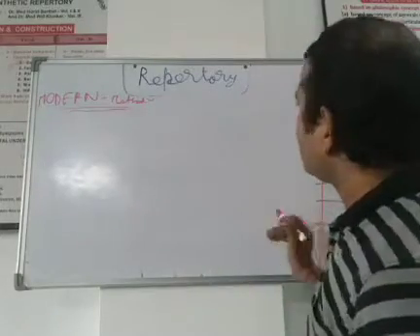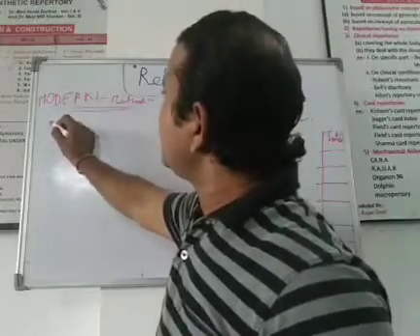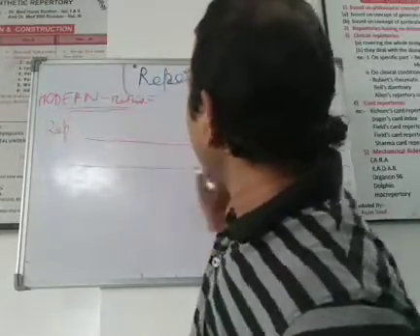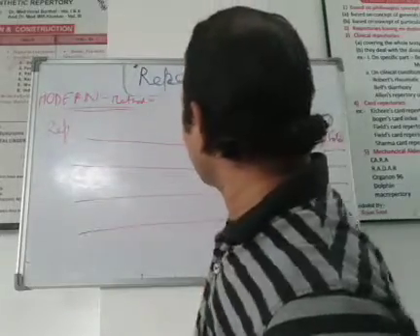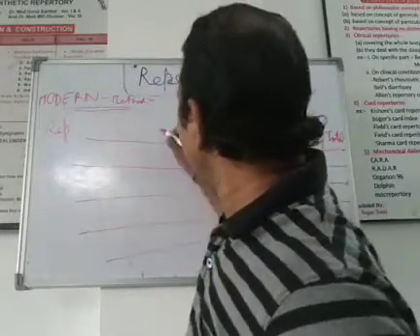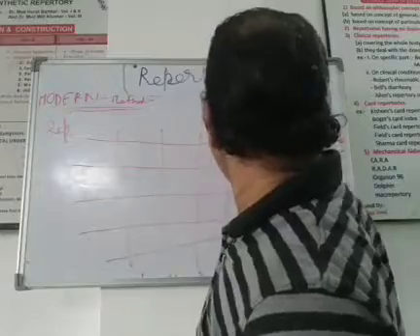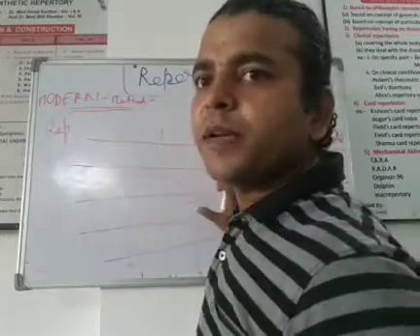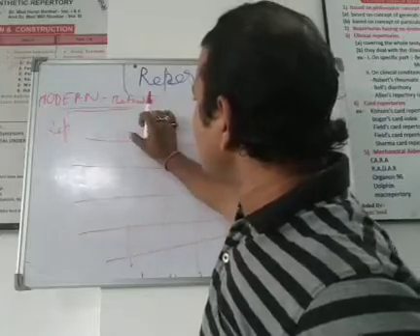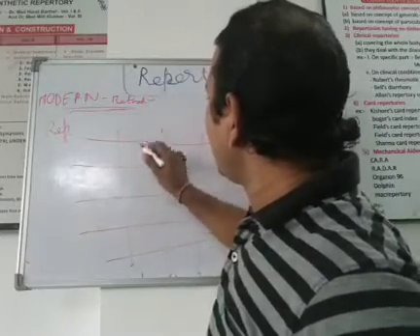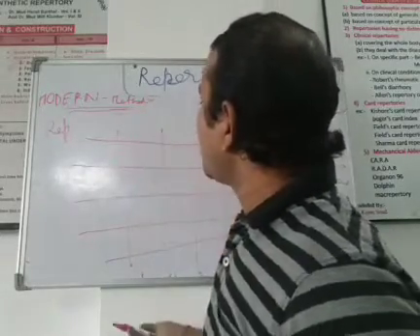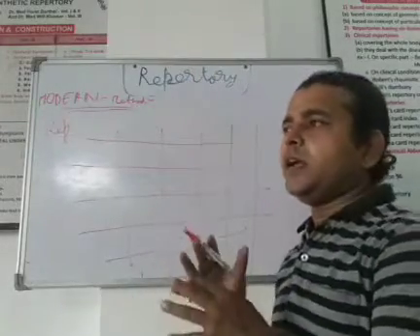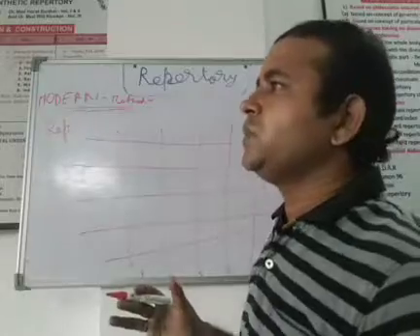Then we find the total, and then the final repertorization will be for 5 drugs and their total. 5 drugs, their total, how many symptoms they are covering, and how many marks they are getting. So symptoms covered and total marks.